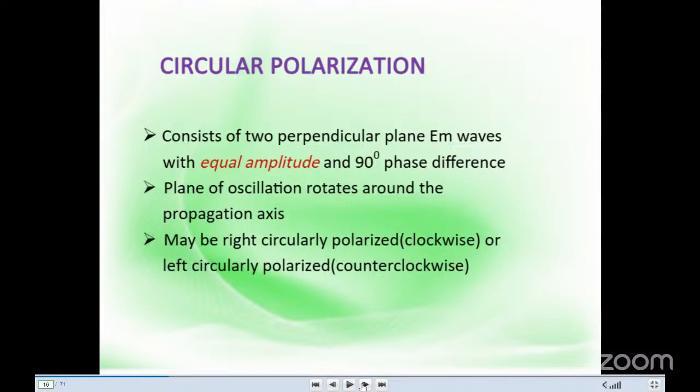Next, circular polarization, which consists of two perpendicular plane EM waves with equal amplitude and 90 degrees phase difference between them, and a plane of oscillation which is rotating around the propagation axis, and which may be right circularly polarized, that is clockwise, or left circularly polarized, that is anti-clockwise.